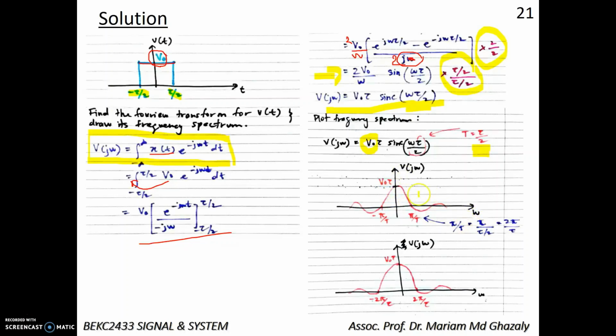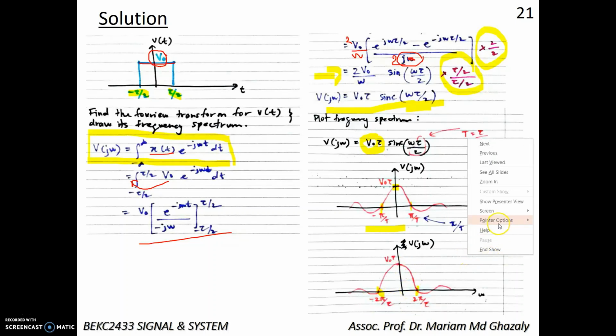Start by plotting first the magnitude v naught tau here, and then you have this value, which is given by minus tau over t, and you know that t is tau over 2 here. So now you will have 2 pi over tau. You have at this point 2 pi over tau, and at this point minus 2 pi over tau.